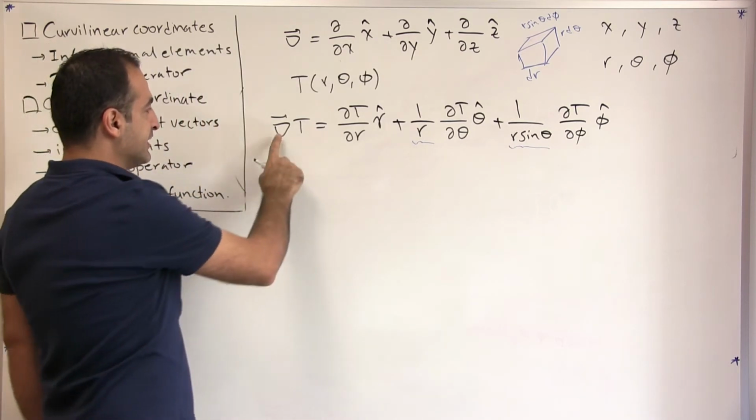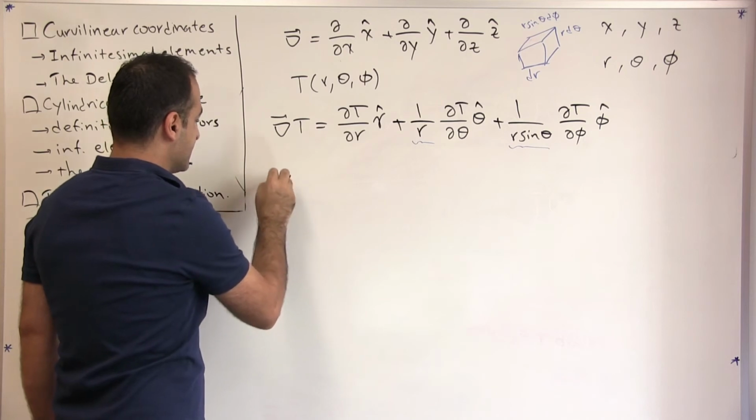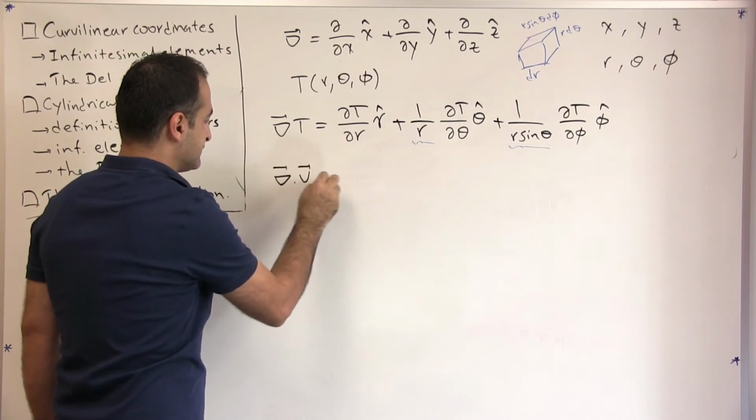Cool. So this is the gradient of a scalar function. Then we can have divergence.